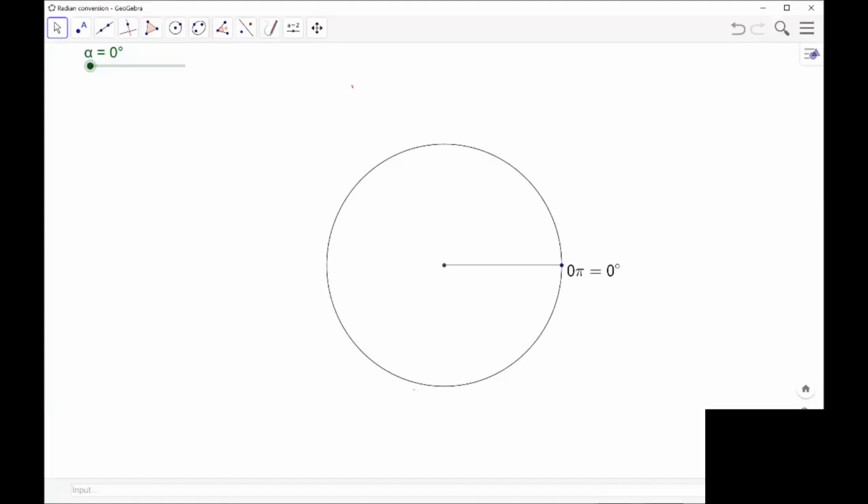In this section of the video, we're going to convert our degrees to radians. You can see the formula for converting degrees into radians in a previous video. We're just going to use technology to do that in this video. I'll also add the link to this file so you can use it for your conversions. The first degree will be 0 degrees, and that's going to convert to 0 pi.